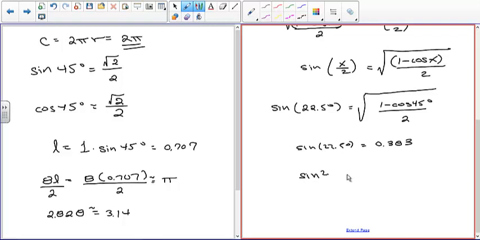And then if I want to find the cosine of 22.5 degrees, I would find that by using the Pythagorean identity. Sine squared x plus cosine squared x equals 1. Cosine squared of x equals 1 minus sine squared of x. Take the square root, you get the cosine of x is equal to the square root of 1 minus sine squared of x.